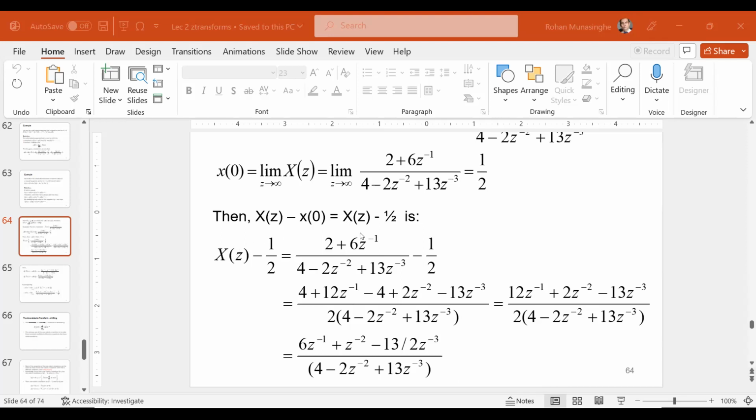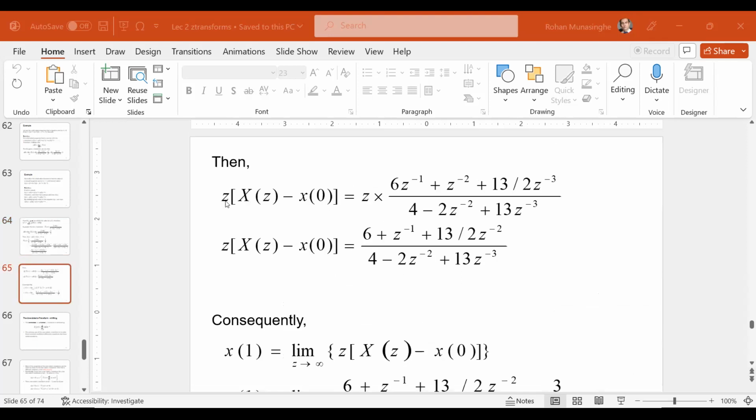So first, you better calculate that expression. X(z) minus half, this is x0, and you get this expression. And then in front of that, you need to have another z. So eventually it will be like this.